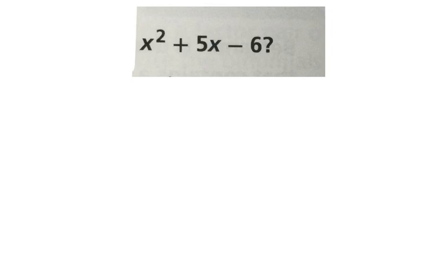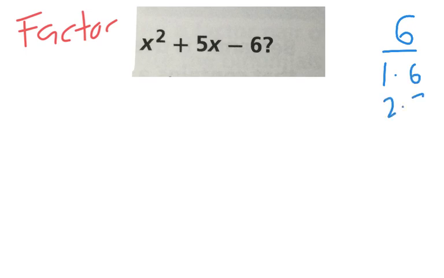Okay, we're going to factor. Is there a GCF? No. Is this a trinomial in the form ax squared plus bx plus c? Yes. That means I can do a times c, which is 6. What multiplies to be 6? 1 times 6, 2 times 3.